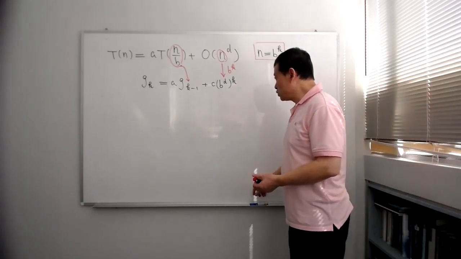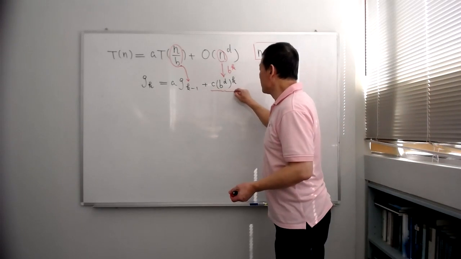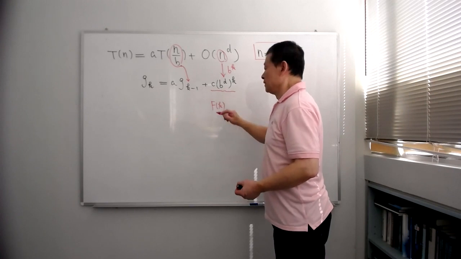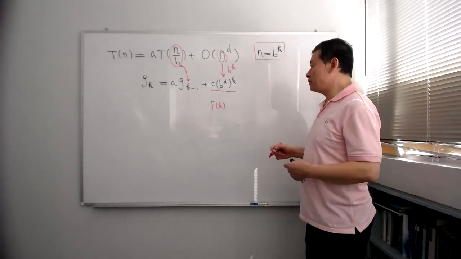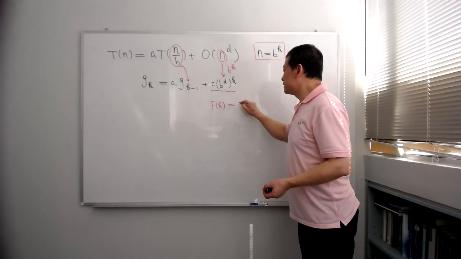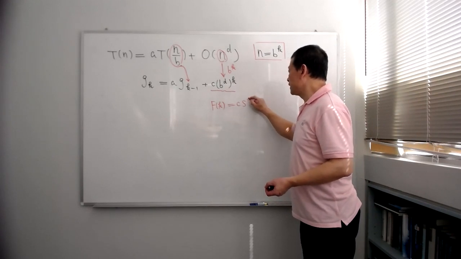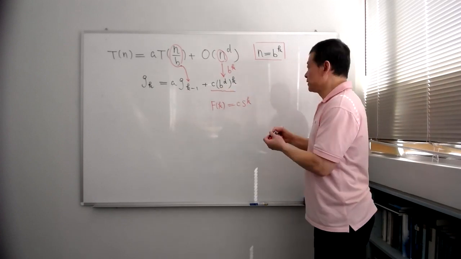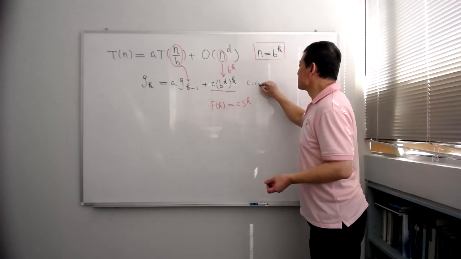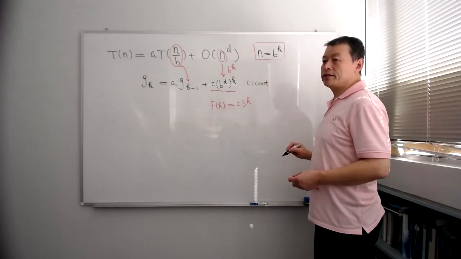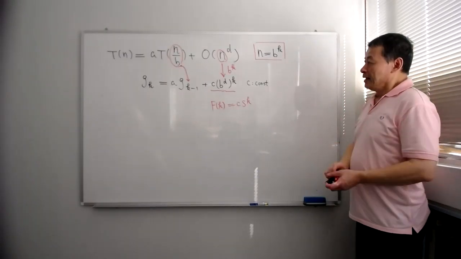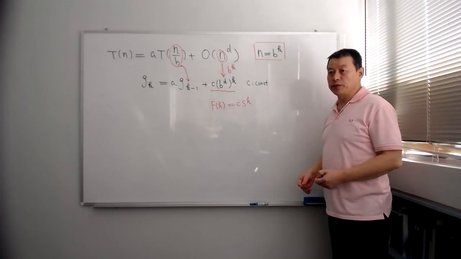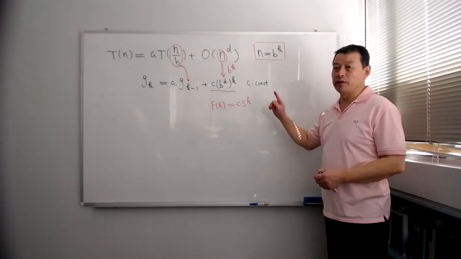That's the non-homogeneous part, f(k), of the form c times s to the power k, where c is some positive constant. Since it is a linear one, we know how to solve it.